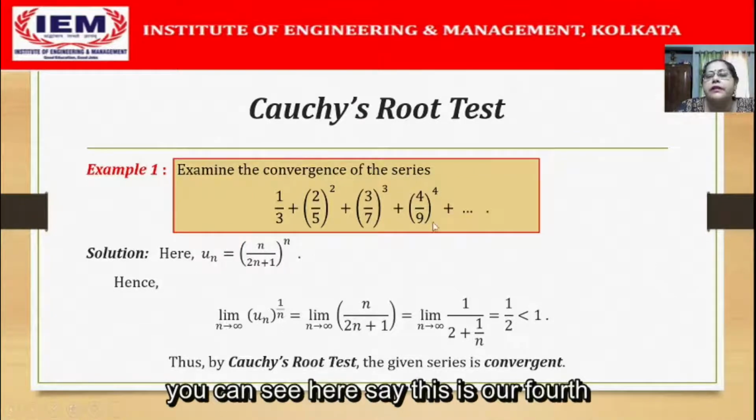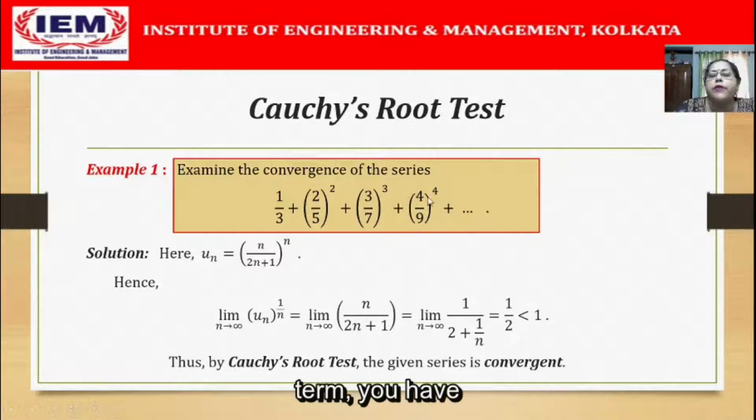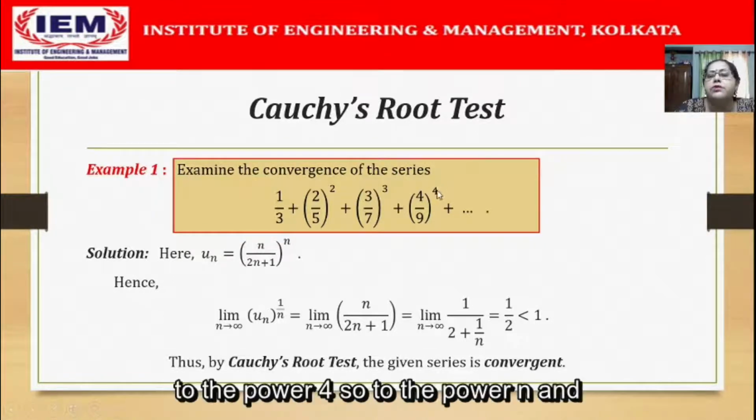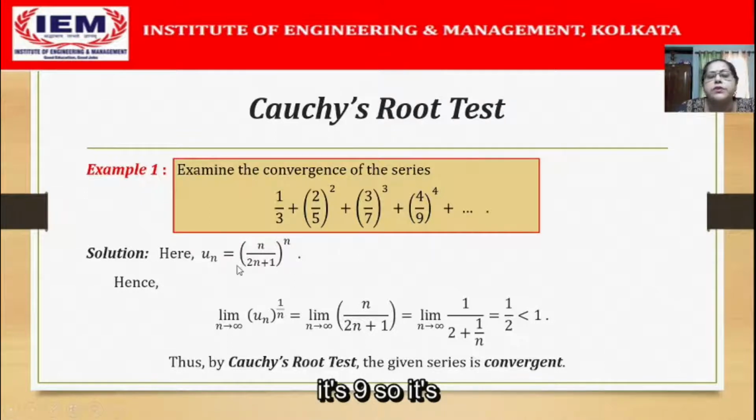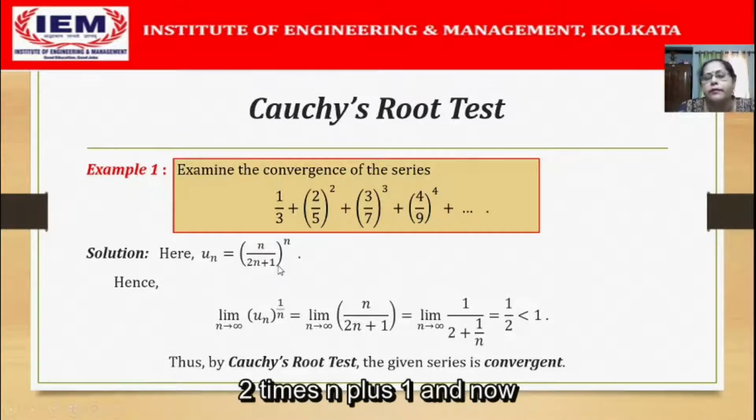Why? Say this is our fourth term: you have 4, so the nth term is n, to the power n, and the denominator, when it's 4 over here, is 9, so it's 2 times n plus 1.